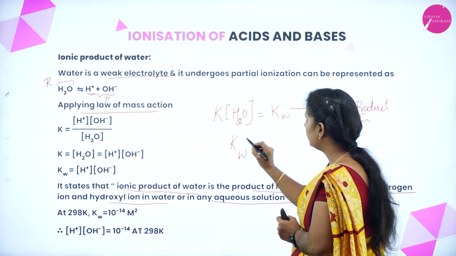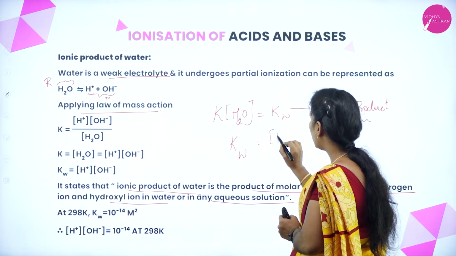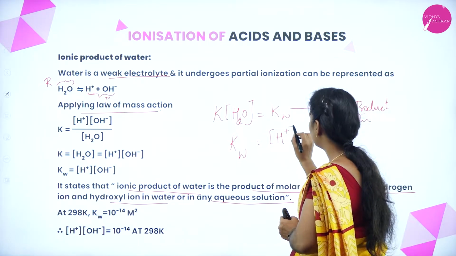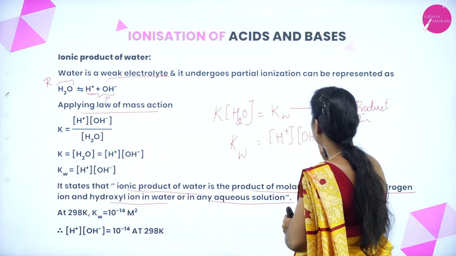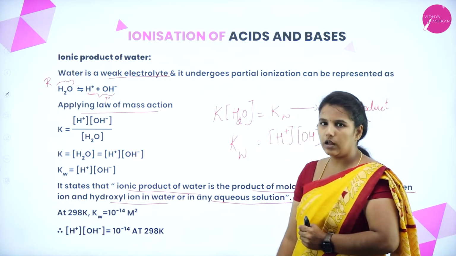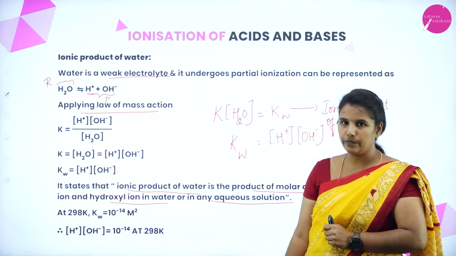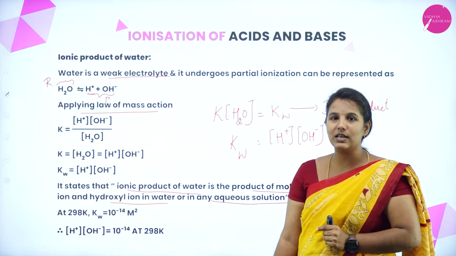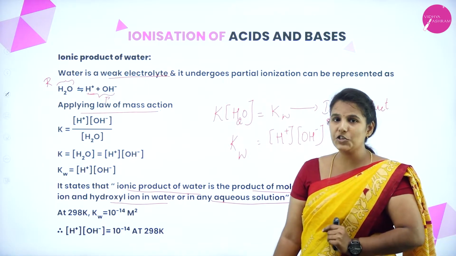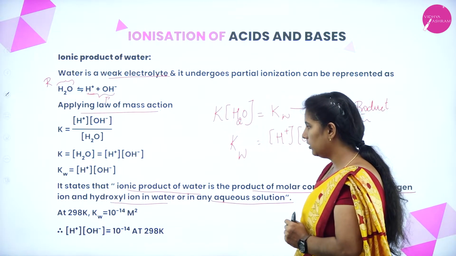Kw is nothing but the ionic product of water, the product of the molar concentration of the hydrogen ion into the molar concentration of the hydroxyl ion in the water. So this is known as the ionic product of water. You can see that water, even though it is a weak electrolyte, undergoes partial ionization and gives rise to the ionic product of water.